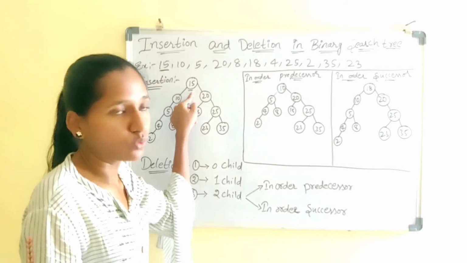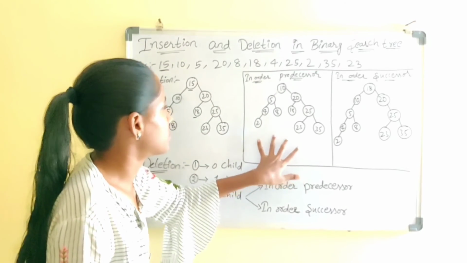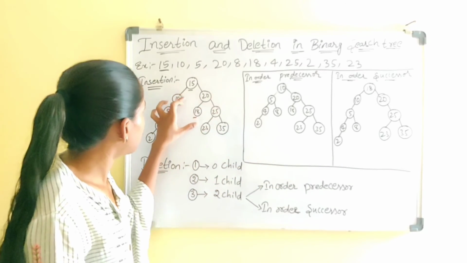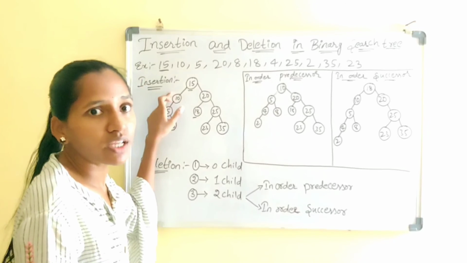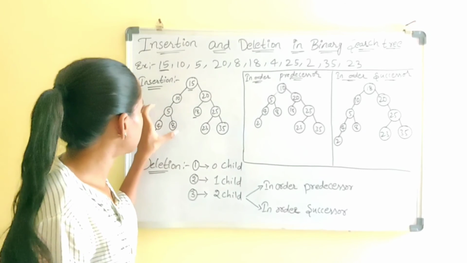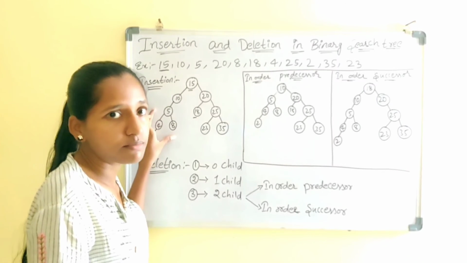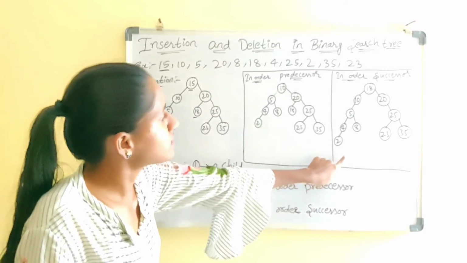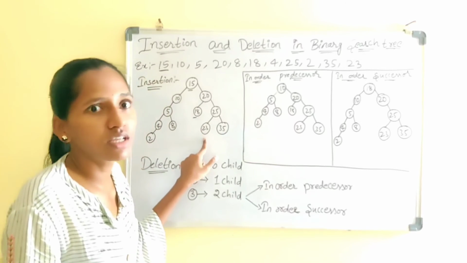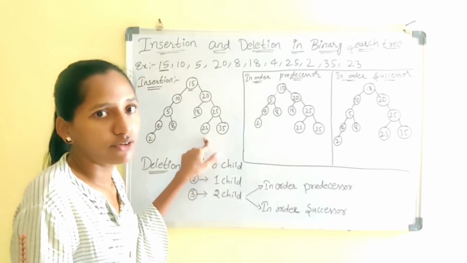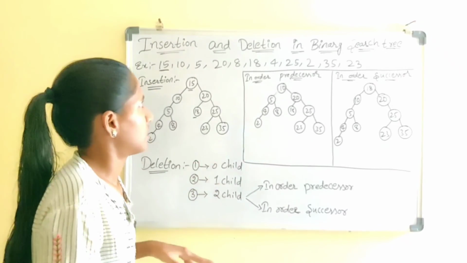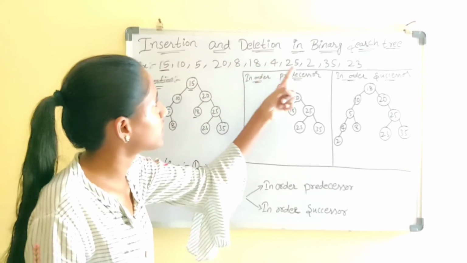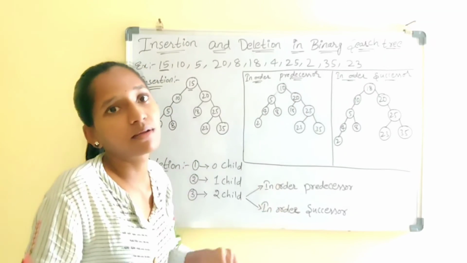The predecessor is nothing but taking the greatest value in the left subtree to replace the root node. The in order successor means we take the lowest value from the right subtree. And this is the topic about insertion and deletion in binary search tree.